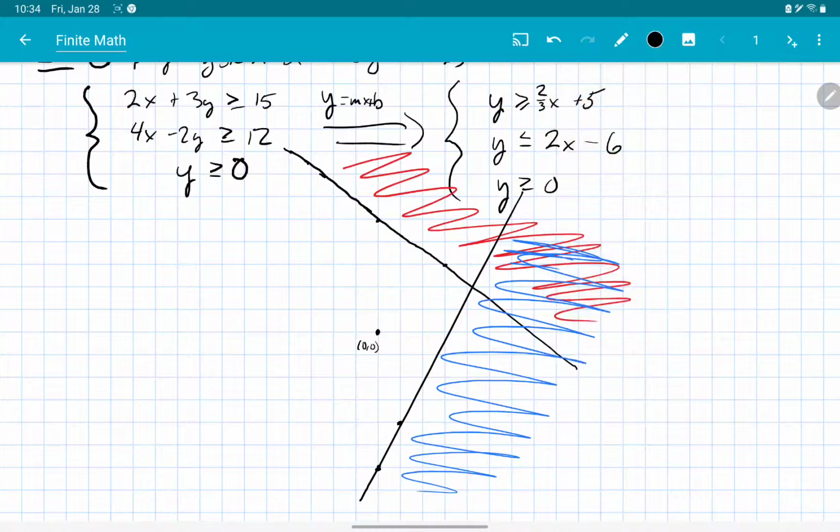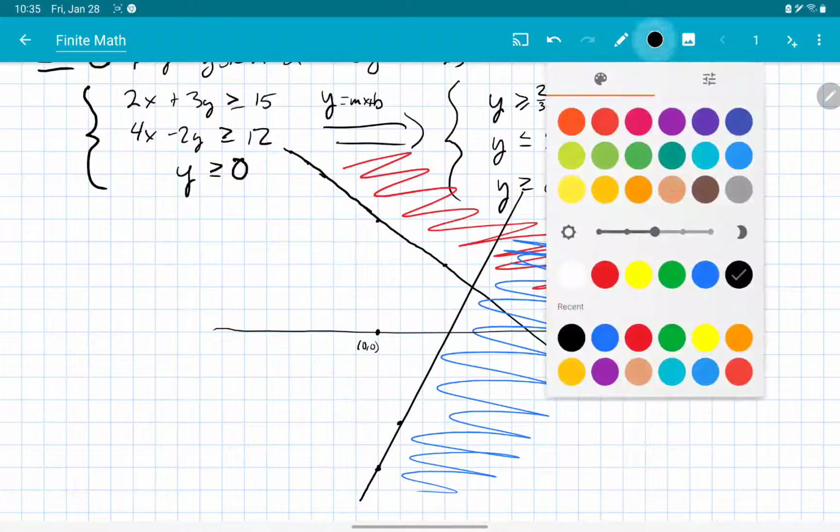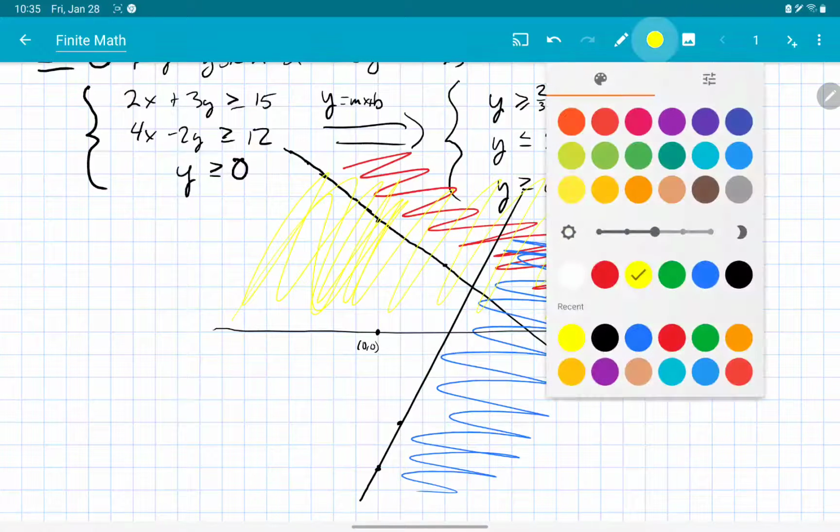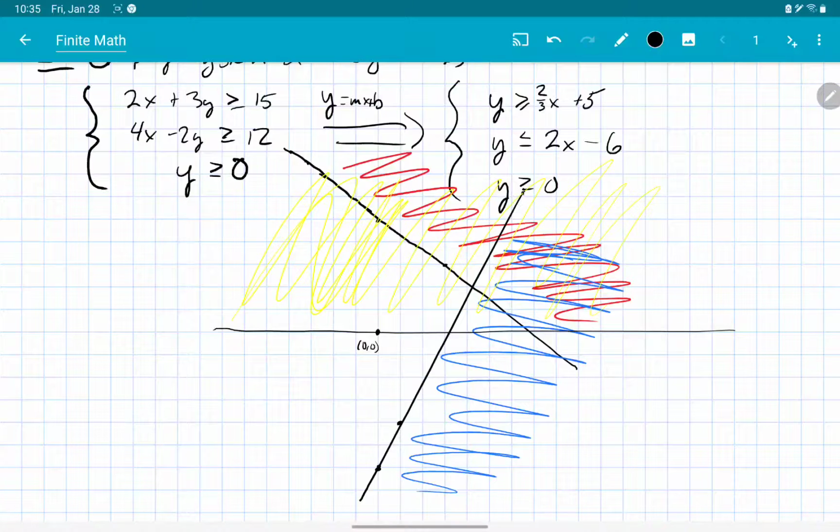And now the last one, we have y is greater than or equal to 0. That's plotting the line y equals 0. And then y greater than or equal to 0 means we're going to color everything above it. Okay, so the important region, which has all 3 of these things happening, is this one right here.